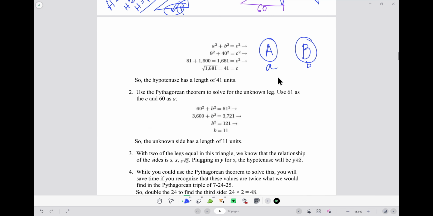If situations capital A and capital B are related with each other, then we can also say that small a and small b are related with each other. This is the concept of analogy, and a lot of times you will solve many problems by using analogy.